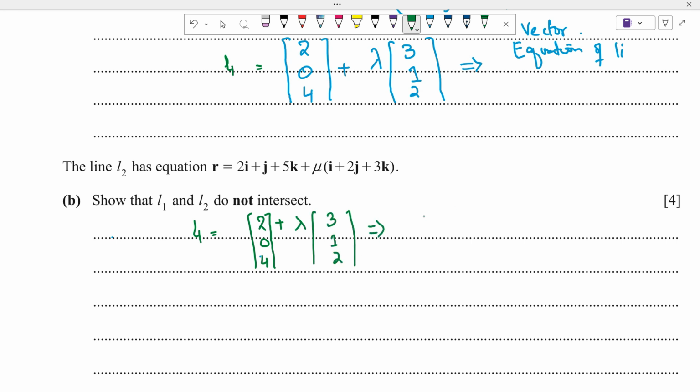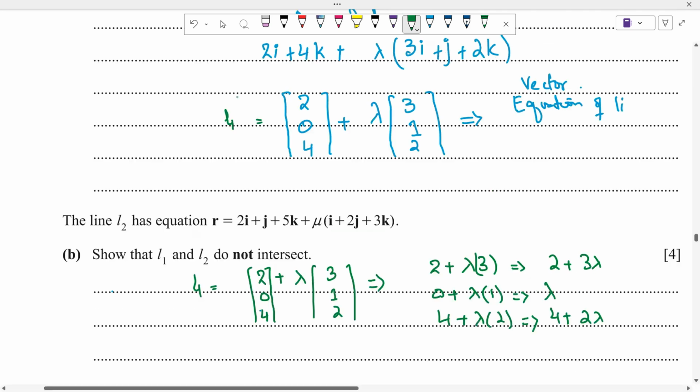Further solving, the i term is 2 plus 3 lambda, the j term is 0 plus lambda times 1, which is equal to lambda, and the k term is 4 plus lambda times 2, which is 4 plus 2 lambda. These are the components of L1.